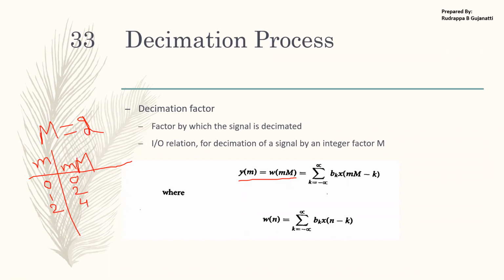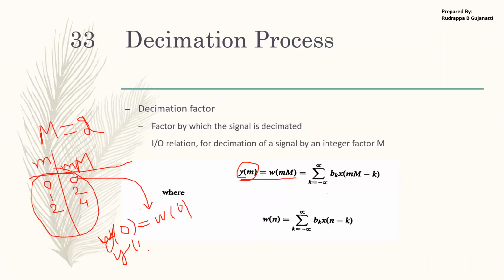So what is this implying? What would be w of 0? It would be the zeroth sample of y of m. Y of 0 will be equal to the sample which is present at w of 0. Then what is y of 1?